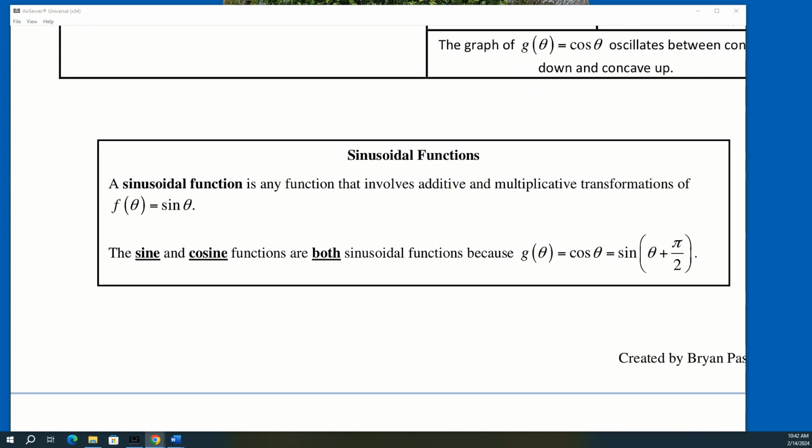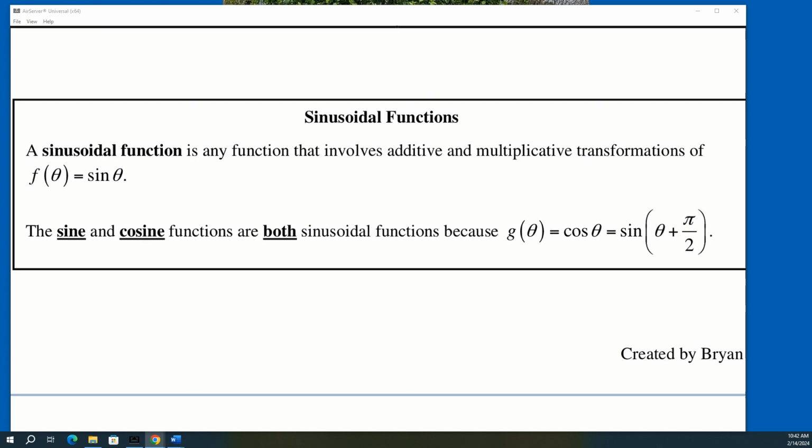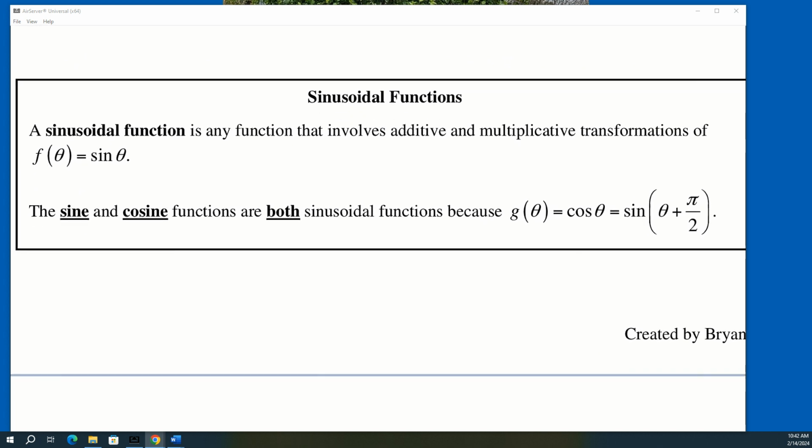Okay, and both of these are considered sinusoidal functions. A sinusoidal function is any function that involves the additive or multiplicative transformations of the sine of theta. So even though cosine is its own function, it is a transformation of sine.